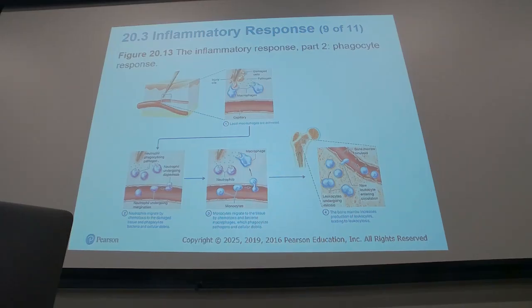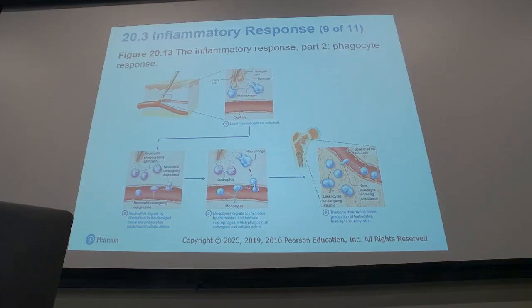Some of the neutrophils will be attacked by the bacteria, and they will die, or they get damaged. Who's going to take care of that? The macrophages.